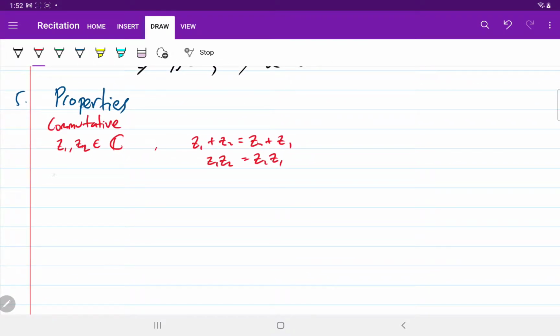Next is associativity. The same if z1, z2 are complex numbers. Actually we have three for this property, z3. If we sum the first two first and then add the third one, we will get the same result as adding the first one with the sum of the last two.